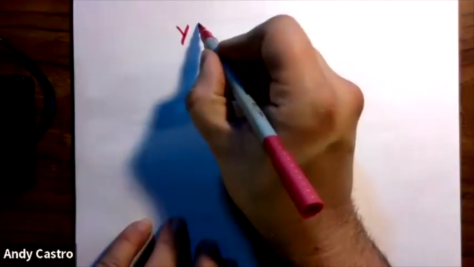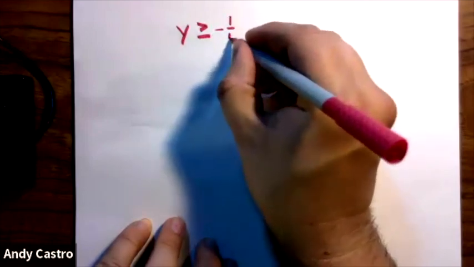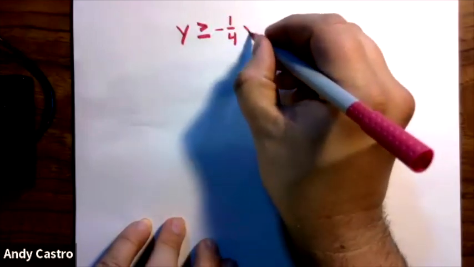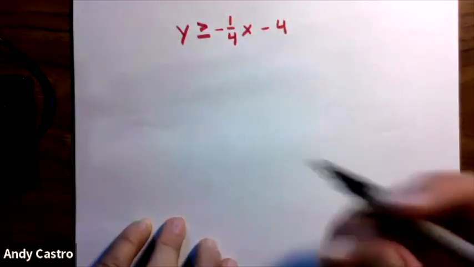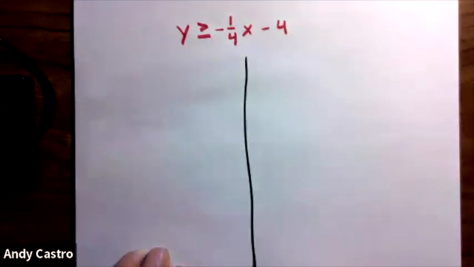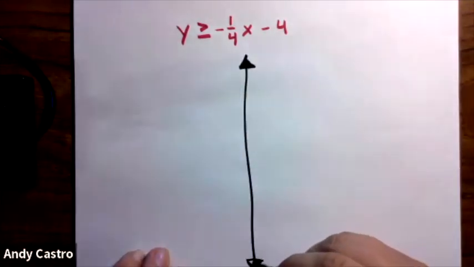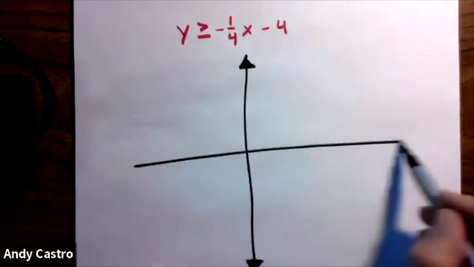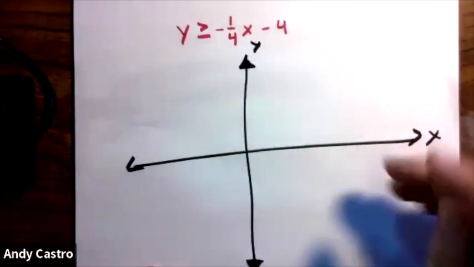Now let's look at y is greater than or equal to -1/4 times x minus 4. Here I have x, y.